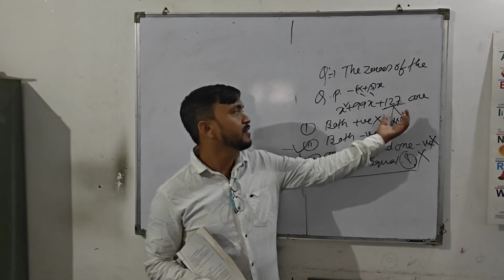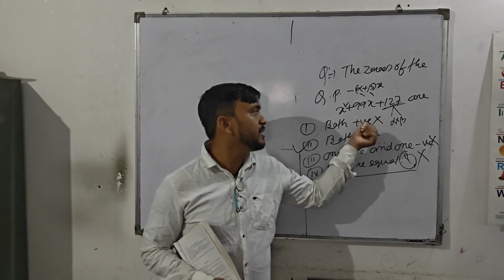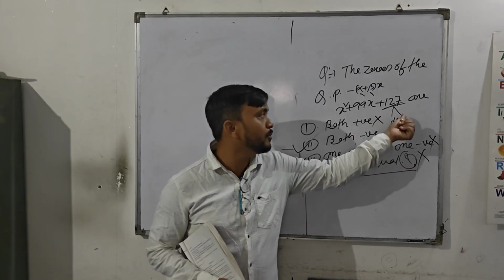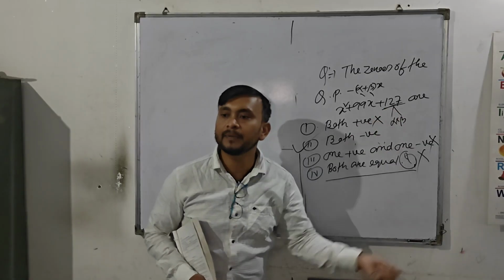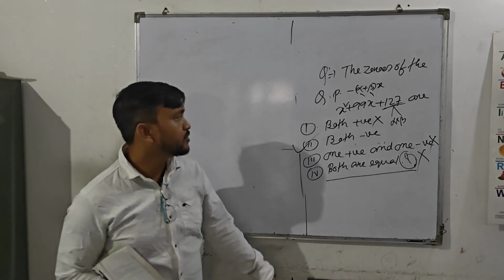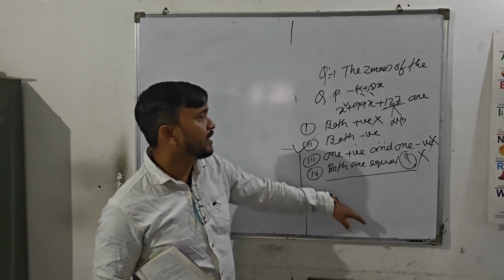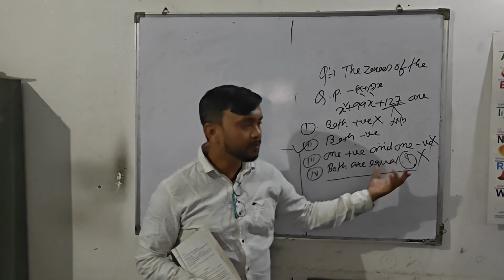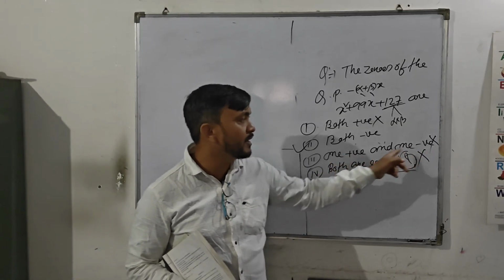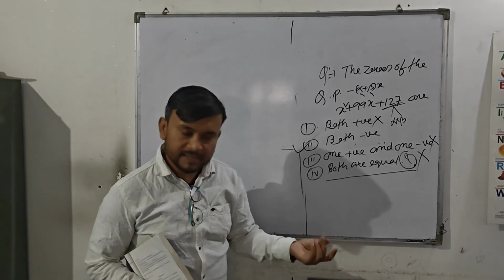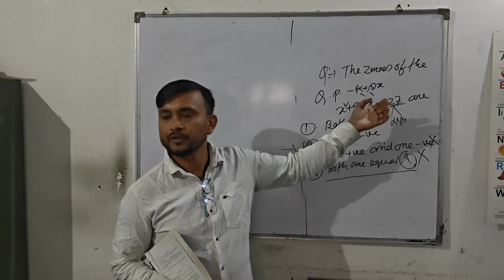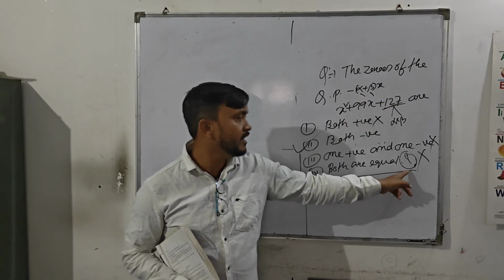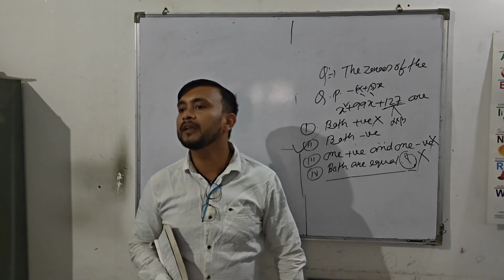It means both of the zeros should be positive or negative. Two negatives multiplied give positive, two positives multiplied also give positive. If one becomes positive and one becomes negative, then the product is minus, which is not the case here. It is cancelled.